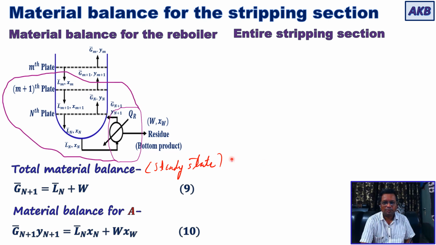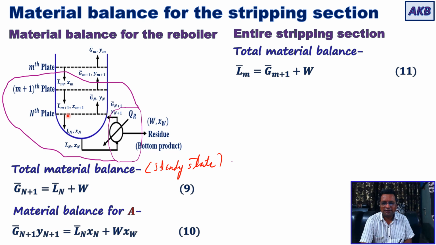Now let us talk about material balance for the entire stripping section. So that means now we are going to consider this envelope. So total material balance for the entire section. Again, if you have to identify the streams, then this is one stream that is associated with it, L bar m, and this is going into the envelope.